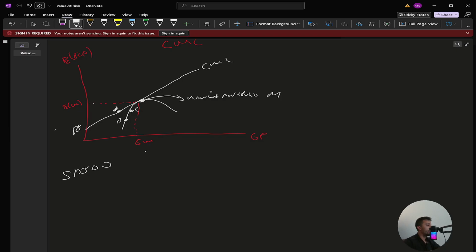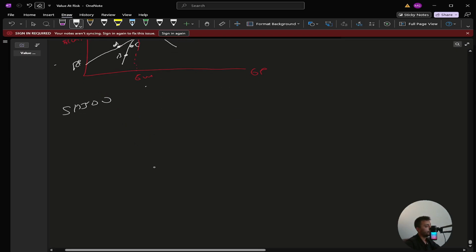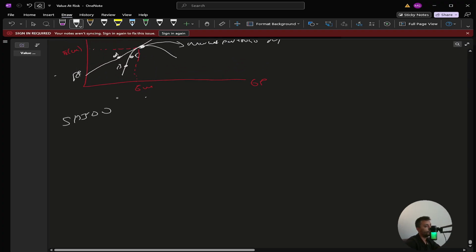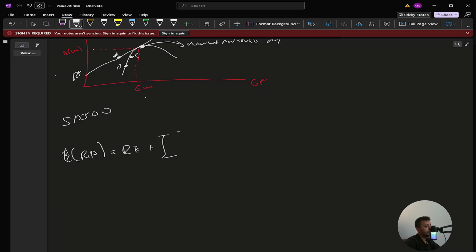So we have a formula here for the capital market line. Expected R_P equals the risk-free rate plus the market return minus the risk-free rate, divided by sigma M, times sigma P. This looks like a Sharpe ratio or maybe the Treynor ratio.